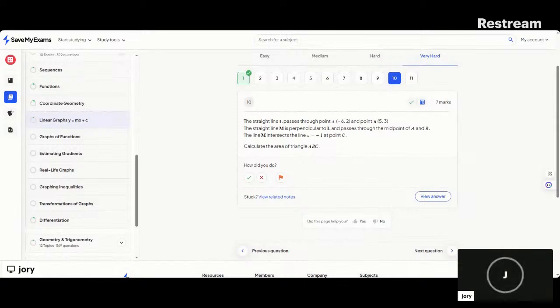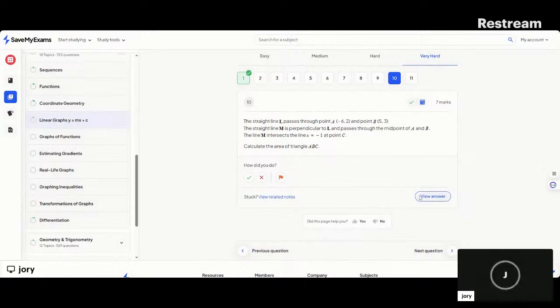Yeah, it's root of 122 over 2. And then the area is half of base times height, so we multiply this by root 122 and then divide the answer by 2. The area is 30.5.